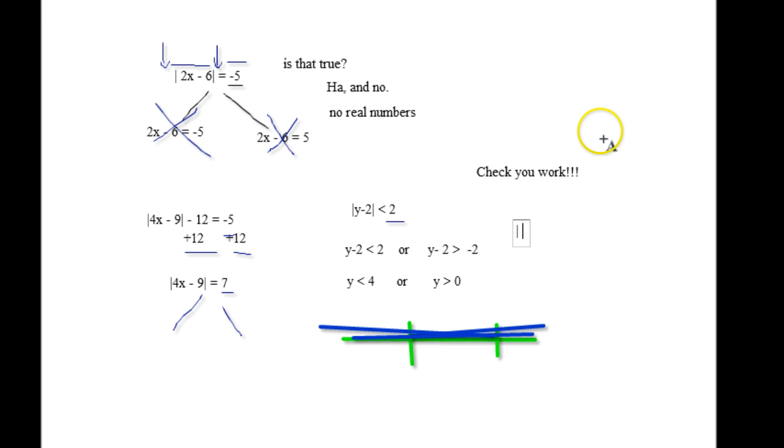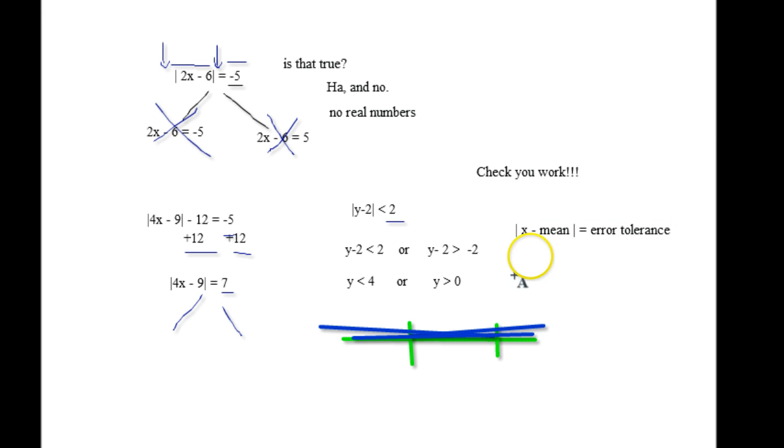You have the absolute value with the x, minus the mean or the average, and that would be equal to the error tolerance.